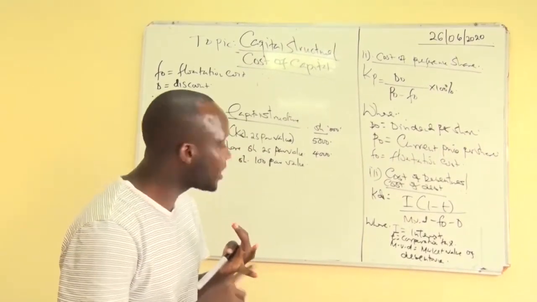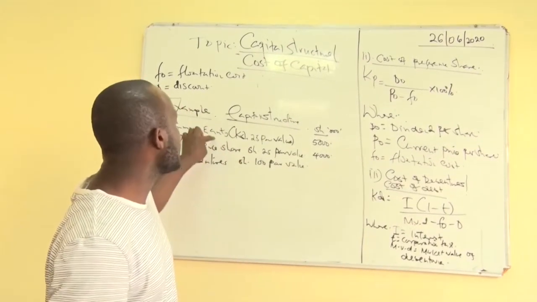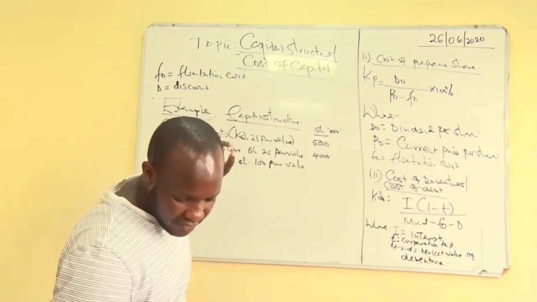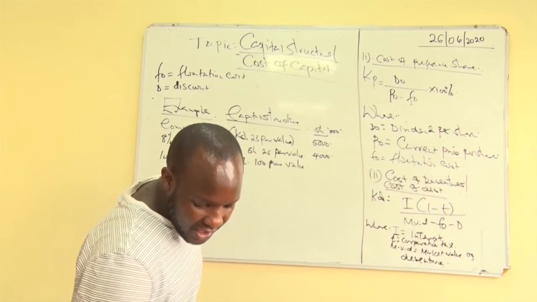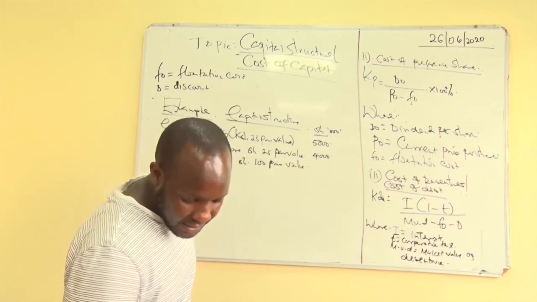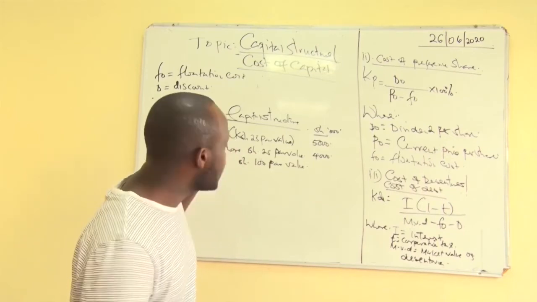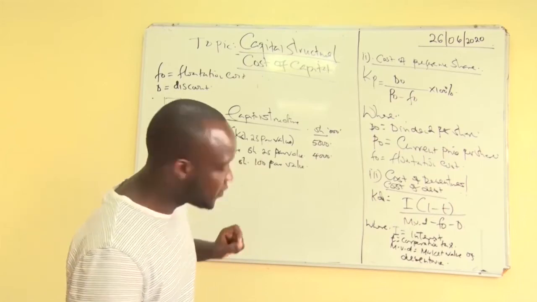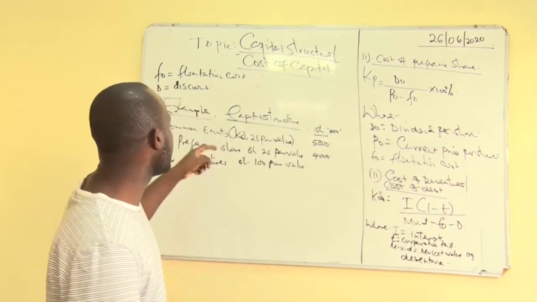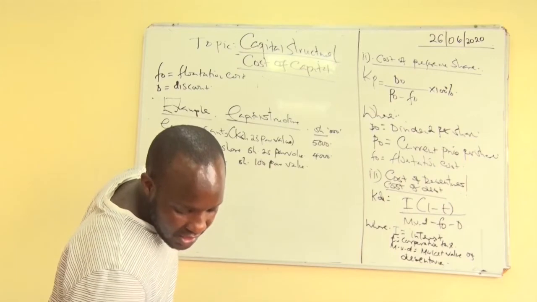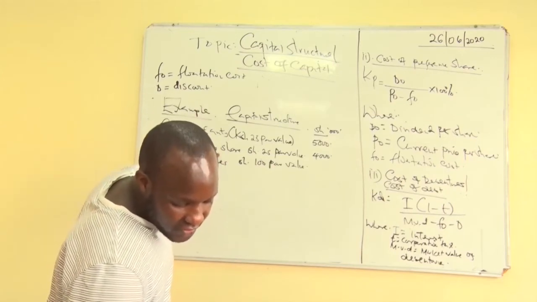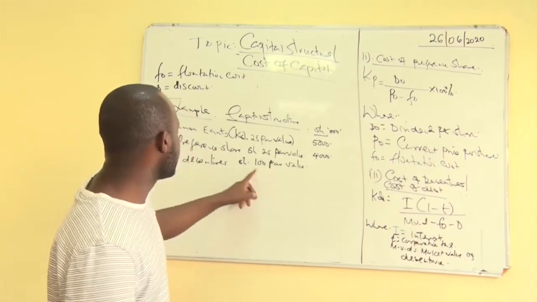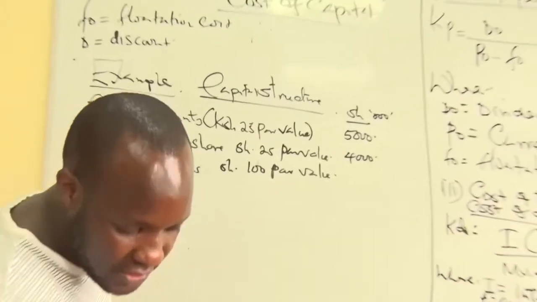The ordinary share is the same as the equity, so its current value is 15. Preference share, the current value is 29. And the debentures, which is also called debt, it is 110.